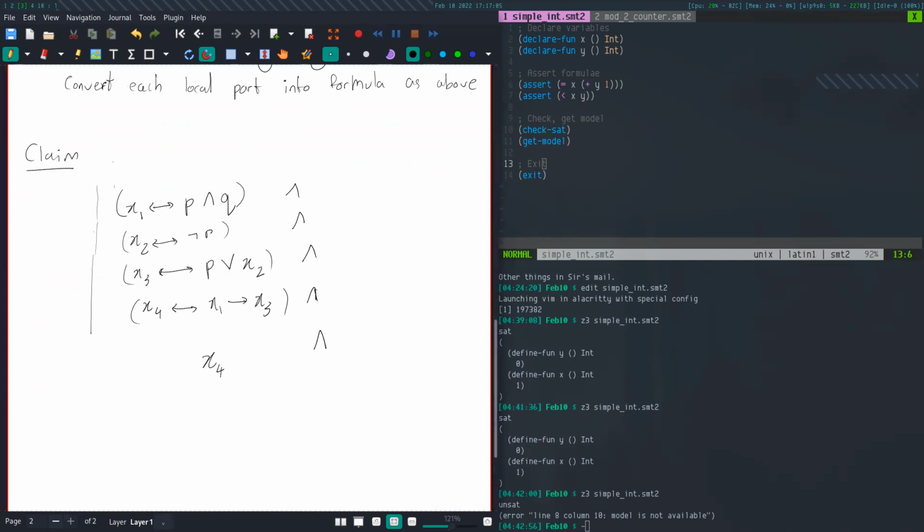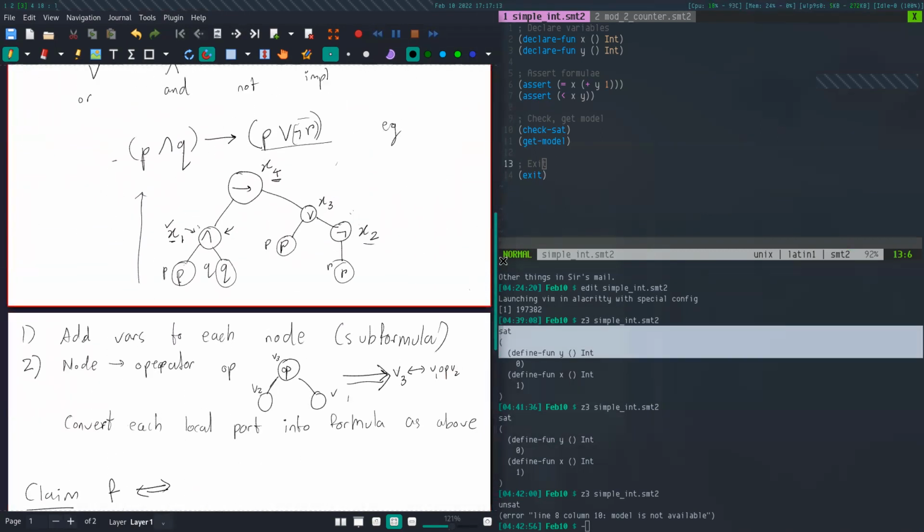The claim is that if you have our original formula f, which was this entire thing, so let me just copy that over here.